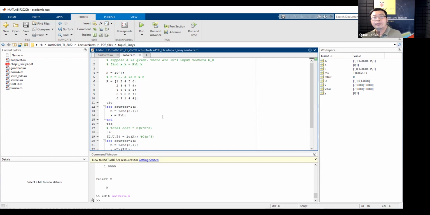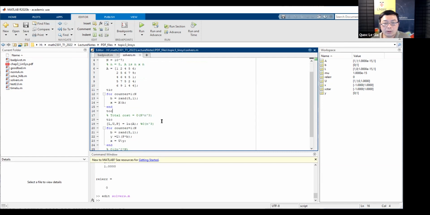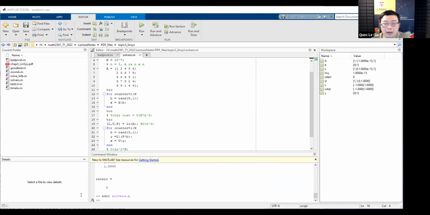And now what happens if you use LU factorization? Initially you have to compute the matrix L and the matrix U, so it will take about n cube flops. But once you have them, you can reuse them again and again.